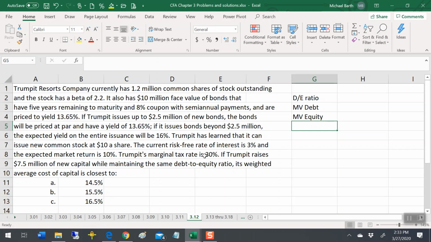For the rest of the problem, they're telling me all kinds of stuff in here, enough that I can calculate weighted average cost of capital.